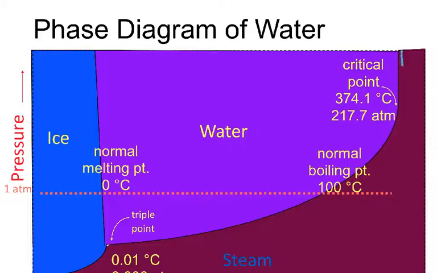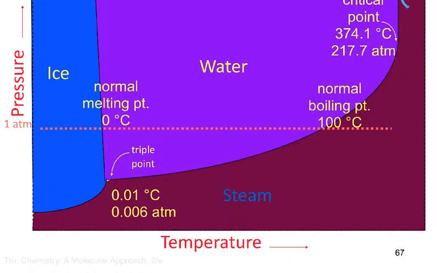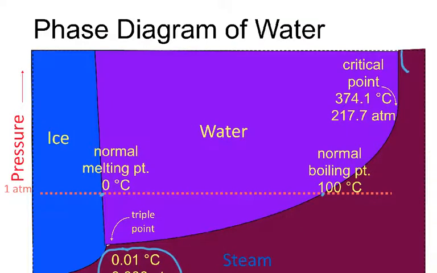So here's our phase diagram of water again. The normal melting point here at 1 atmosphere is 0 degrees Celsius. Normal boiling point is at 100 degrees Celsius. Our triple point for water is at 0.01 degrees Celsius and 0.006 atmospheres. And then the critical point is labeled up here.